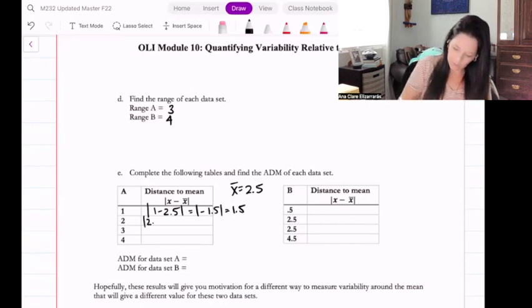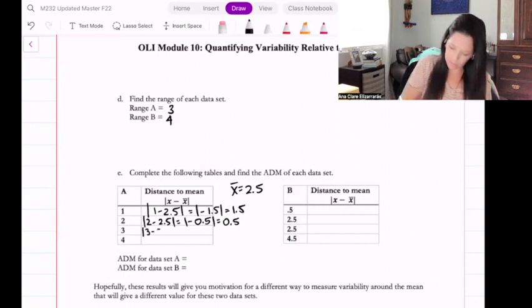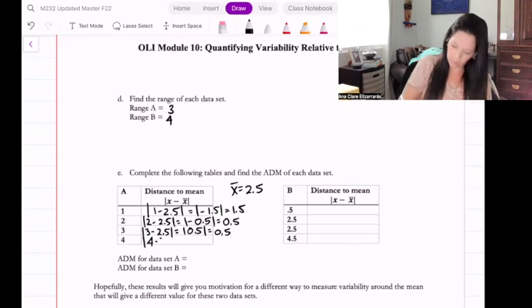The absolute value of 2 minus 2.5 is the absolute value of negative 0.5, or 0.5. The absolute value of 3 minus 2.5 is the absolute value of positive 0.5, which is also 0.5. And the absolute value of 4 minus 2.5 is equal to the absolute value of 1.5, which is also 1.5.